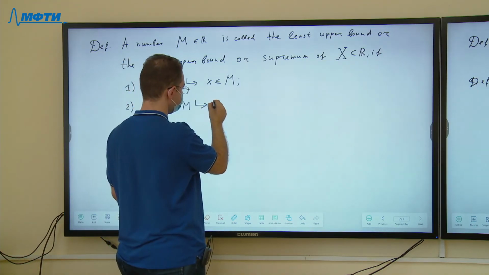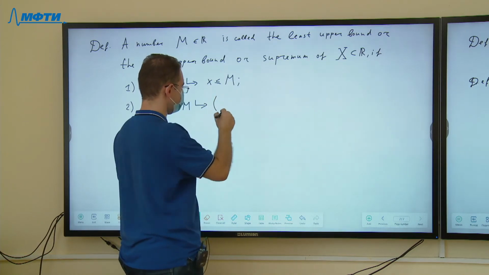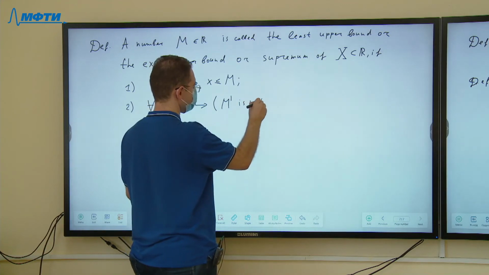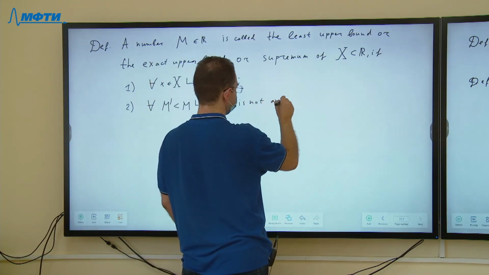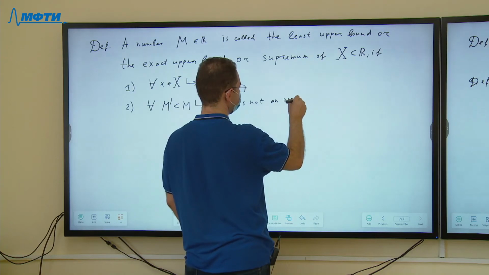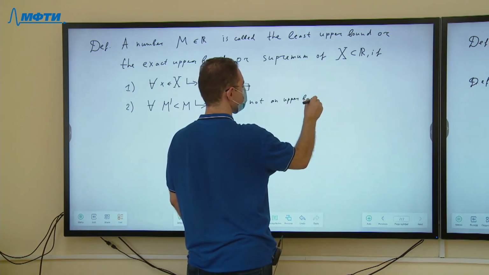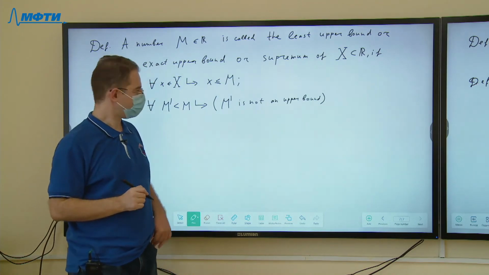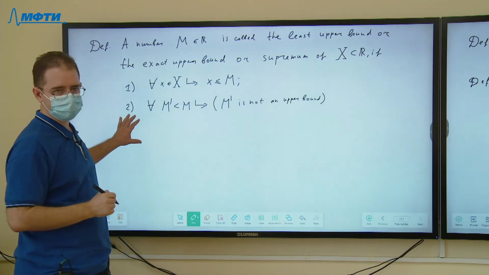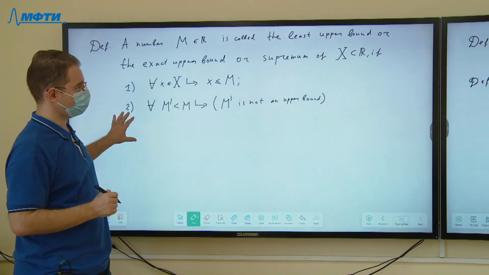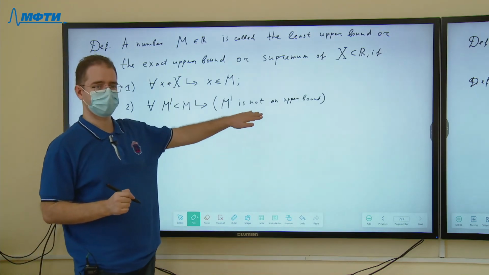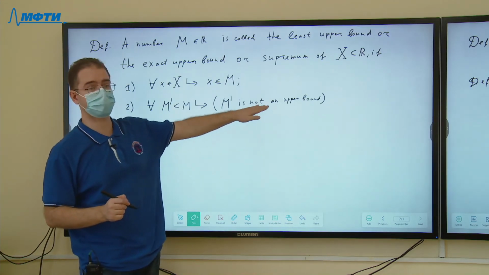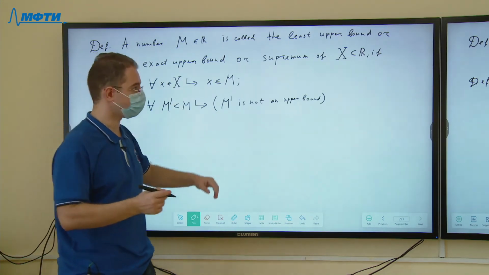Let me write it down like this: M dash is not an upper bound. Leave here a bit of space. Let's discuss how to state that a number is not an upper bound.